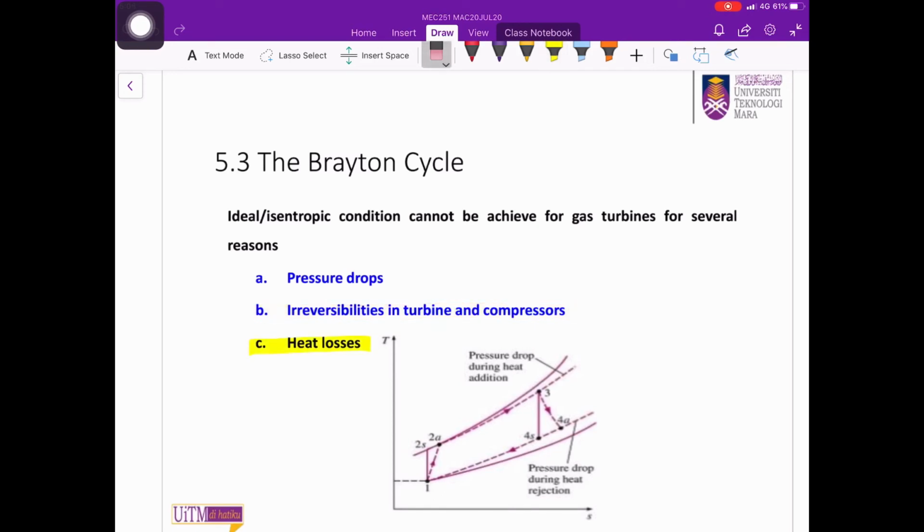And heat losses will occur from our system. Even if we try to provide the best insulation or method to prevent heat losses, there will still be some heat loss. However, the effect of this heat loss might be minimized by providing insulation to our system.